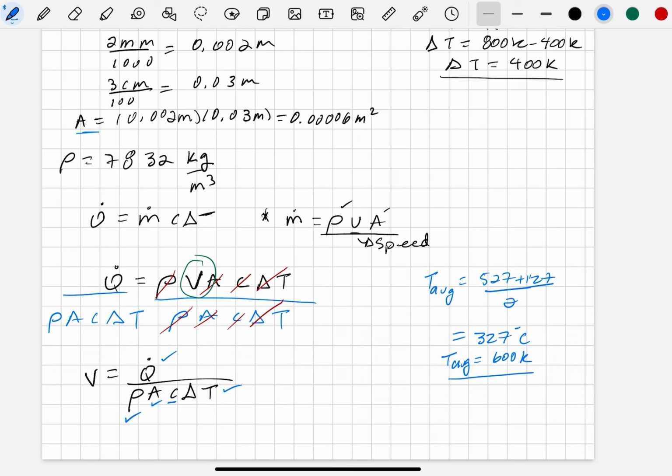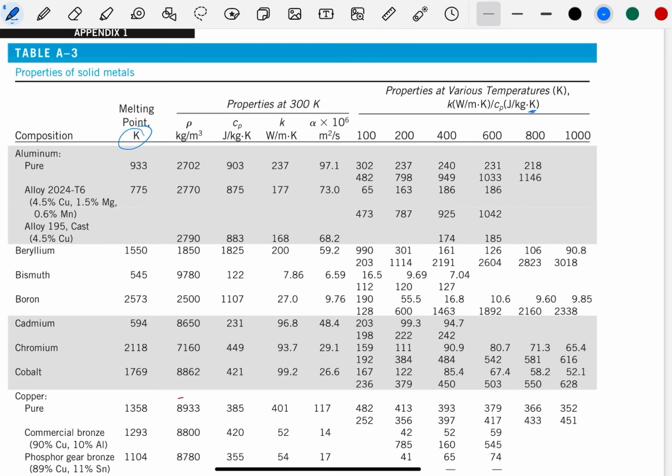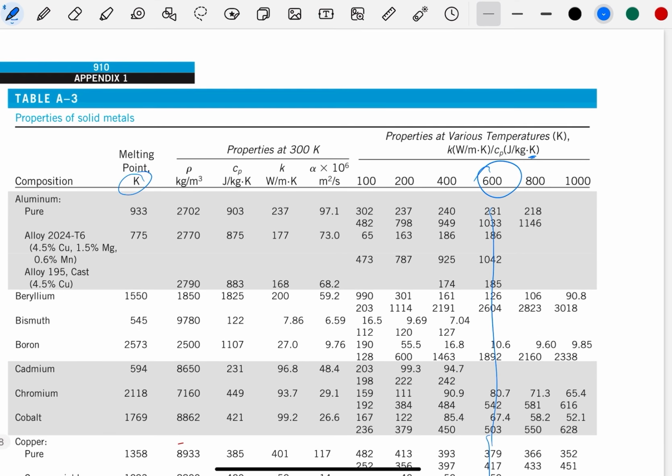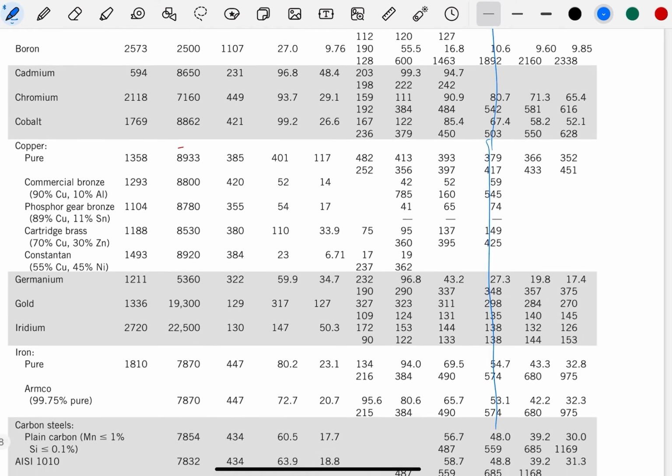So this is where I'm going to get my specific heat. If I go to the table, again, specific heat at 600 kelvins. If I go down the table, I'm gonna find it. The way that they have this set up is that they give the thermal conductivity on the top and then the specific heat on the bottom.